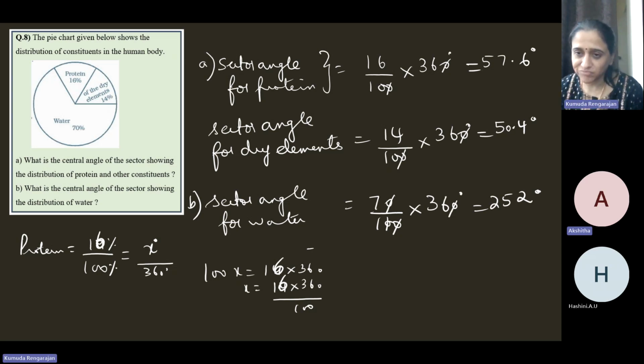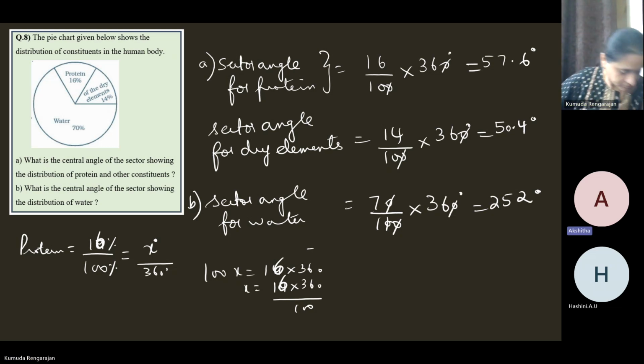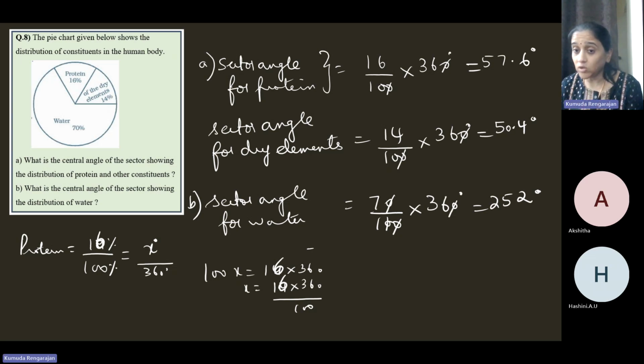This is the formula you just mentioned to find the sector angle. Repeat the formula you said. Data value by 360 degrees into 100. Data value by 360 you cannot do.